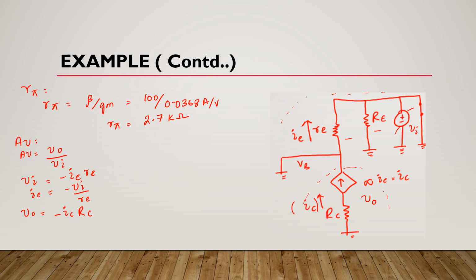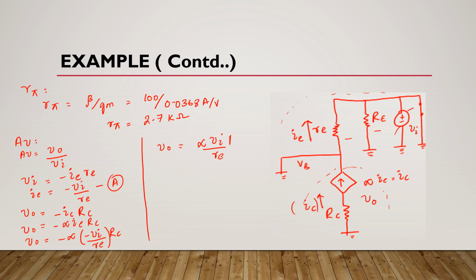Now we know that IC is equal to alpha IE. Okay. And from this equation A, we know that IE is equal to minus VI divided by RE, and it is multiplied by RC. It means here this V naught is equal to alpha VI divided by RE, and here we have RC.